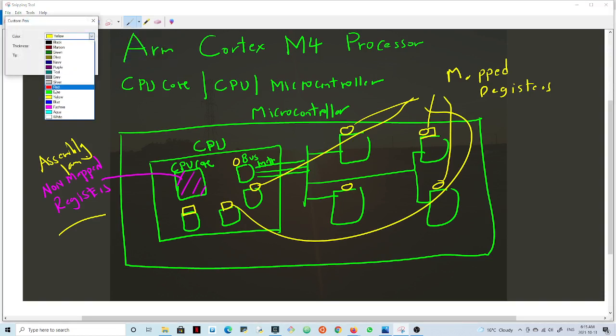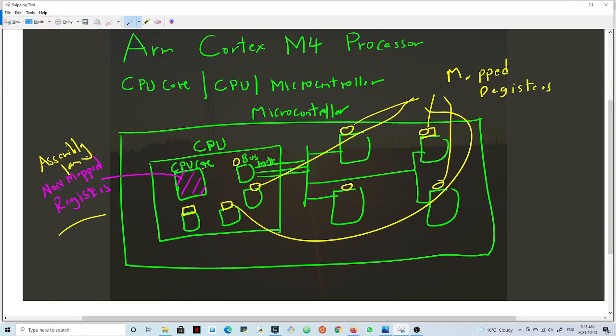So when we look at this here, we get a few points to note: the CPU core is a subcomponent of the CPU, and a CPU can have multiple CPU cores.